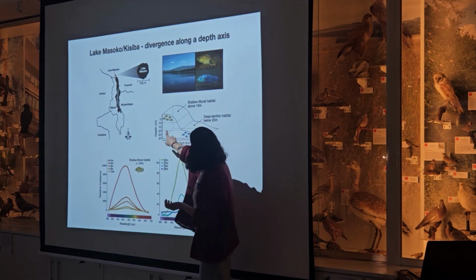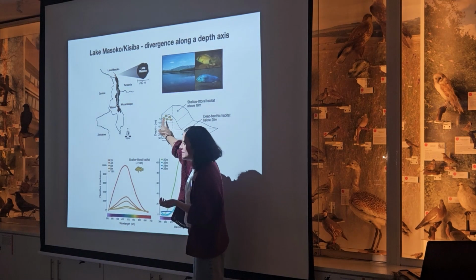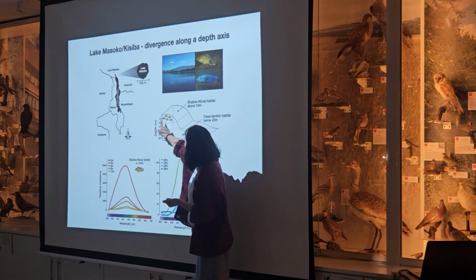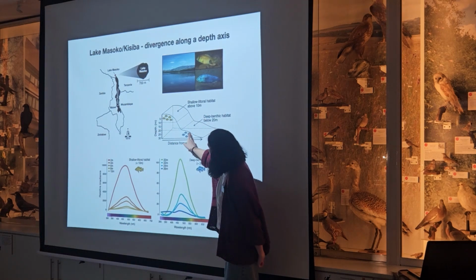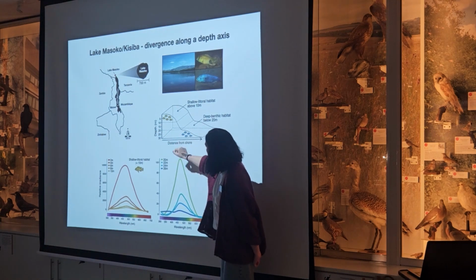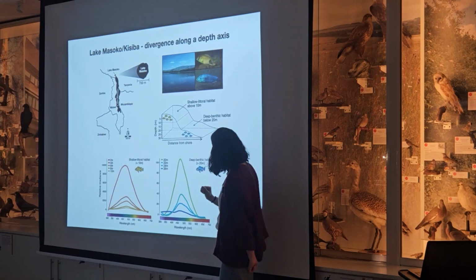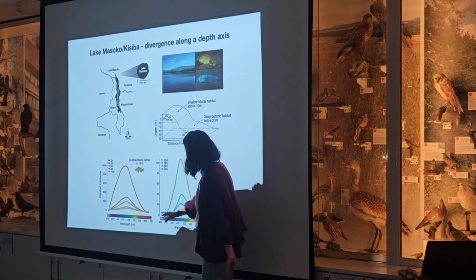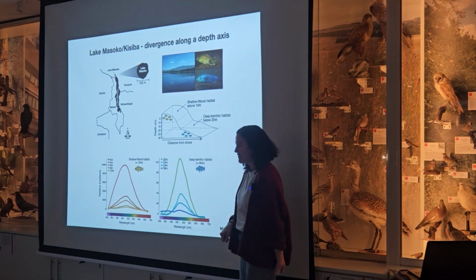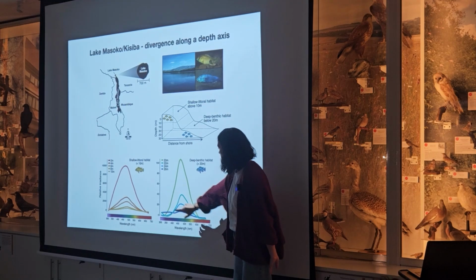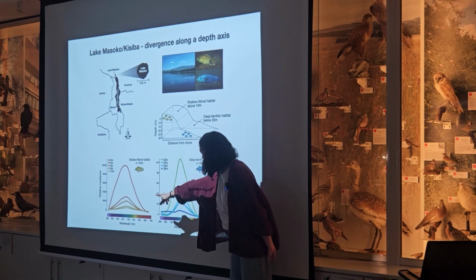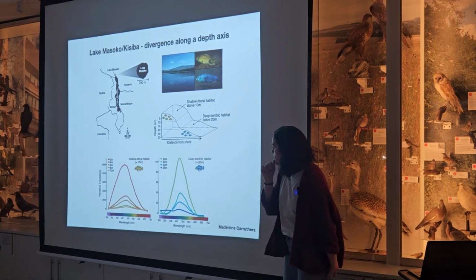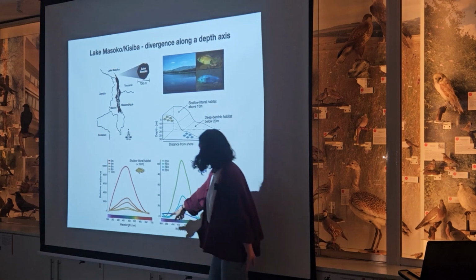And so you have this shallow population that is yellow and lives from 0 to 5 meters. And then you have this very deep population, 20 meters, which is blue. And here is just a representation of the light environment. So on the deep, on the right, and on the shallow on the left. And I hope you can see that, so the axes are very different.